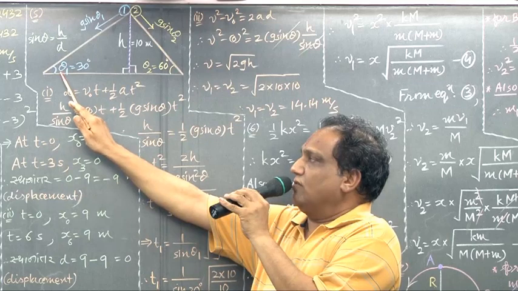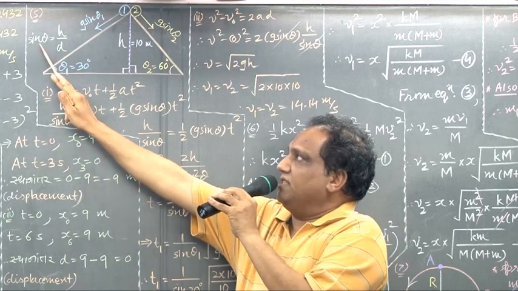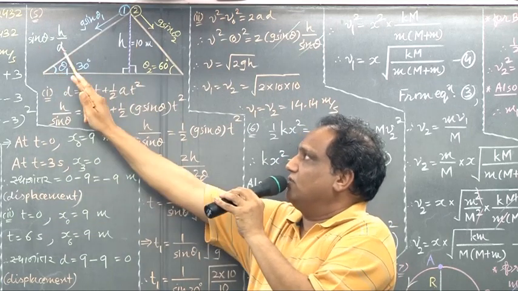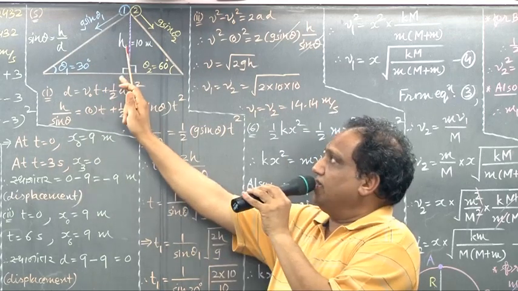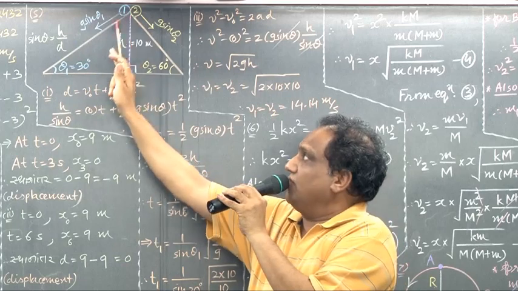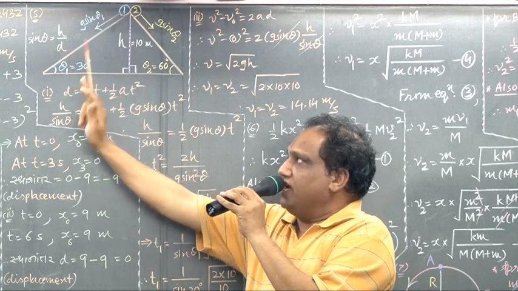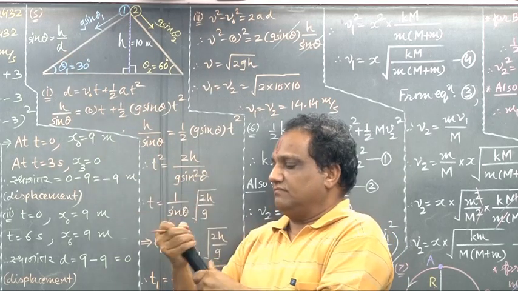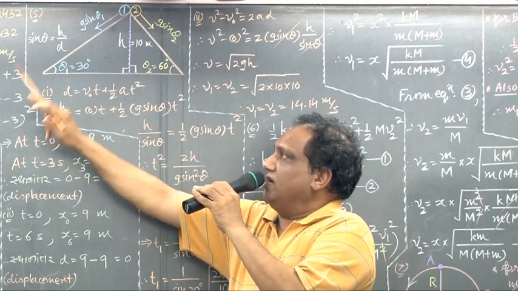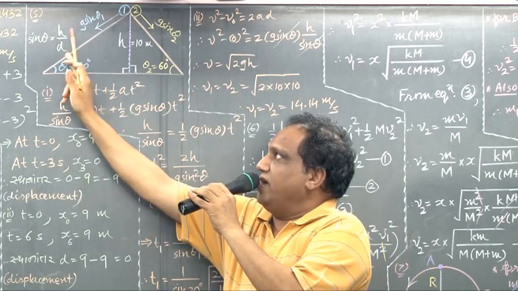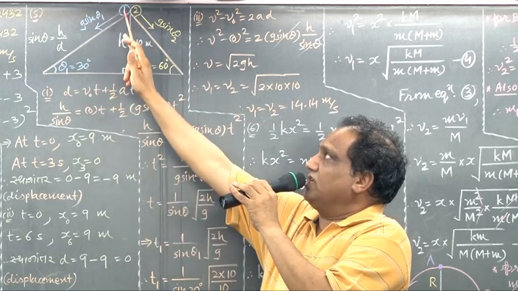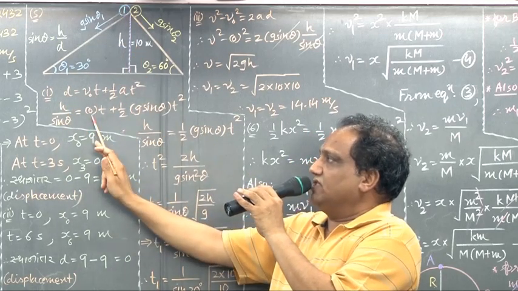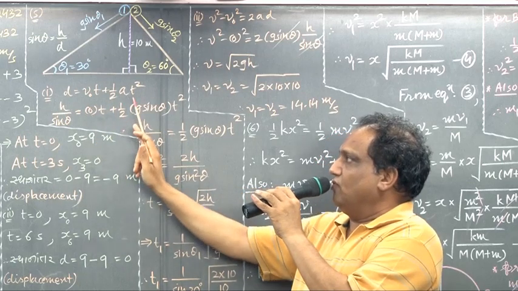And take this as angle of slope theta. Then find out sin theta in this right angle triangle. Opposite upon hypotenuse. Opposite is h, upon hypotenuse, the length of the slope, small d. Now find out d from here, it will be h upon sin theta. Because this body started from rest, initial velocity is 0 into t plus 1 by 2. What is this a?